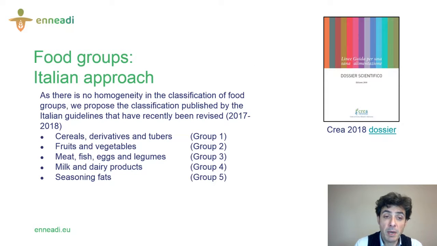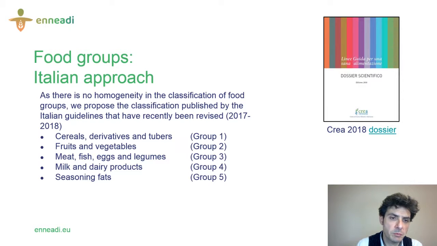As I mentioned, there's still now a huge variability in terms of food groups around different countries in the world. Some countries prefer to describe few groups, like 5 as we have in Italy.